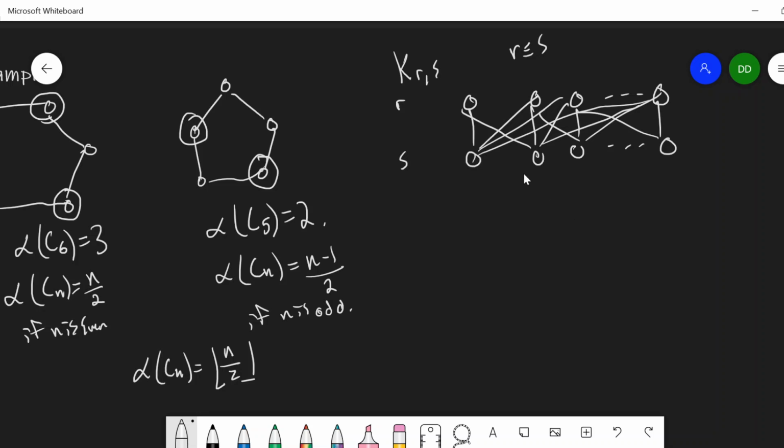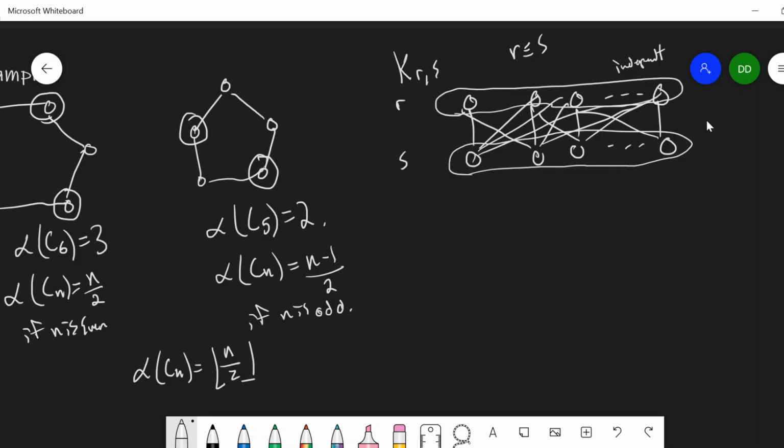Then if I take one of the partite sets, that'll be independent. I'll just circle one. This would be an independent set of vertices because there are no edges between them. And then also if I take S, that would also be an independent set of vertices. So not together, but just on their own, each of these sets is independent.